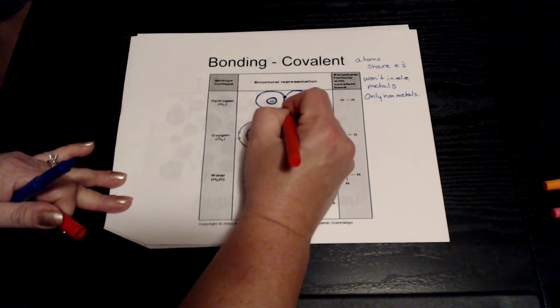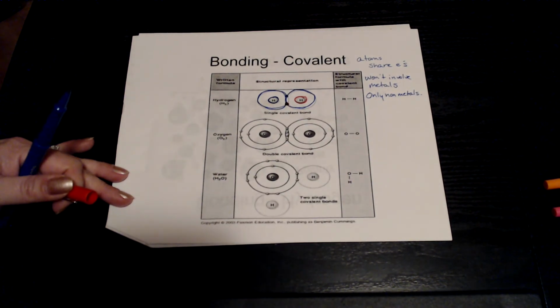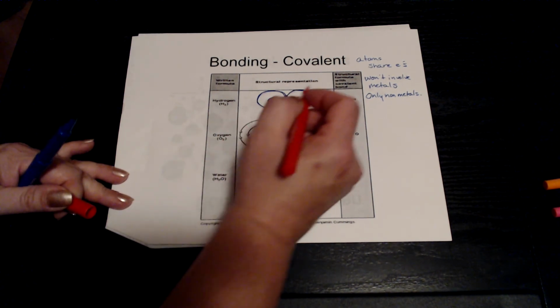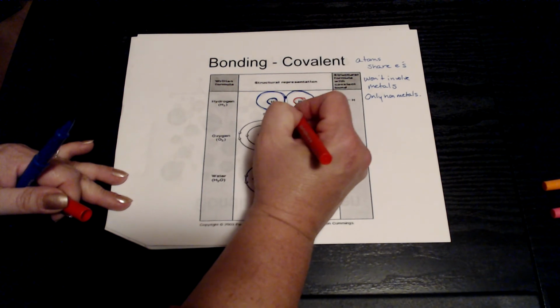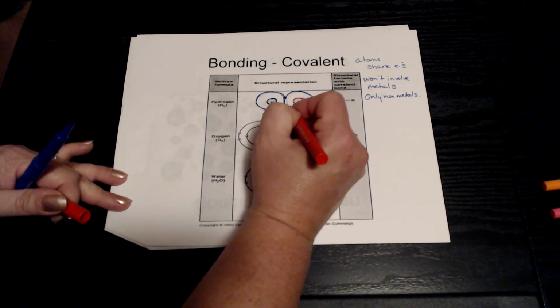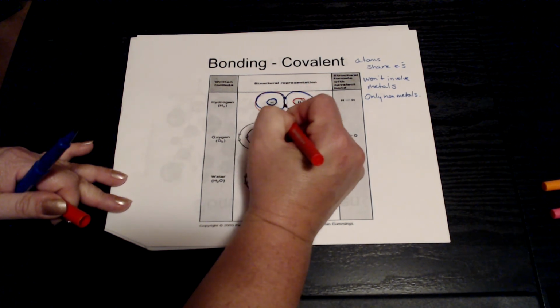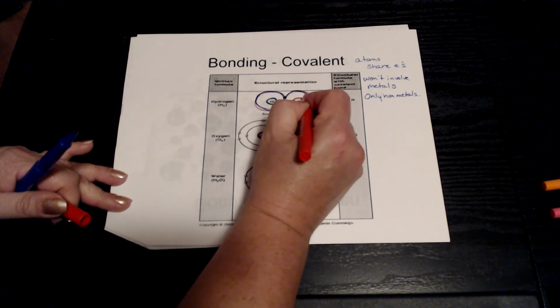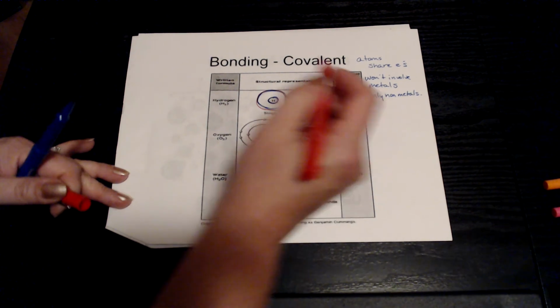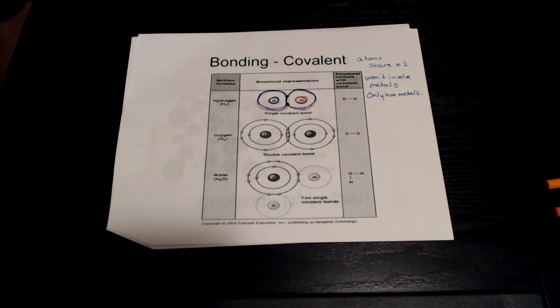So we'll make that electron there red to match that hydrogen's nucleus. And again, some of the times it'll be floating around this one, and some of the times it'll be floating around this one. That's why we say that they share them, because they're spending equal amounts of time around each other's nucleus.